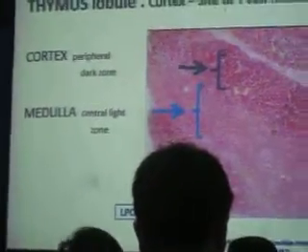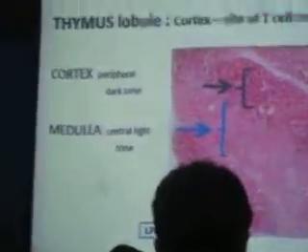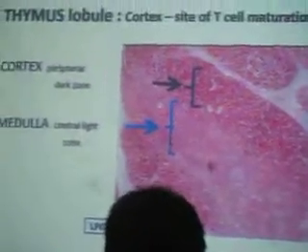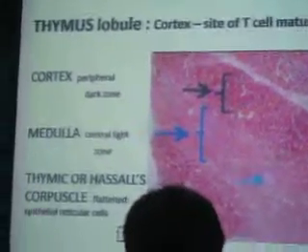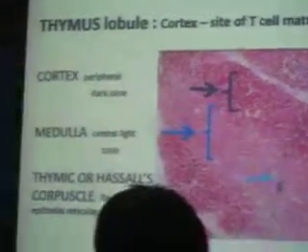So for each lobe or lobule, you will have its cortex, the darker part, and the lighter area, which is your medulla. Within the medulla, you will see your thymic or Hassall's corpuscles. This is an aggregation of epithelial reticular cells of the thymus.